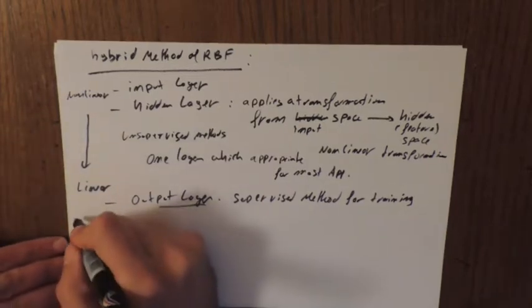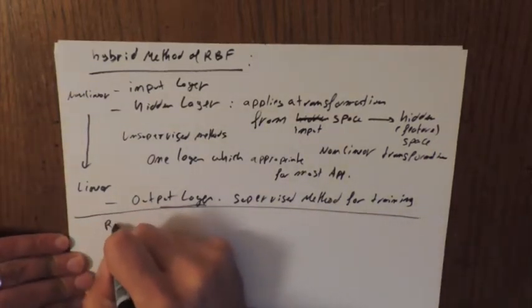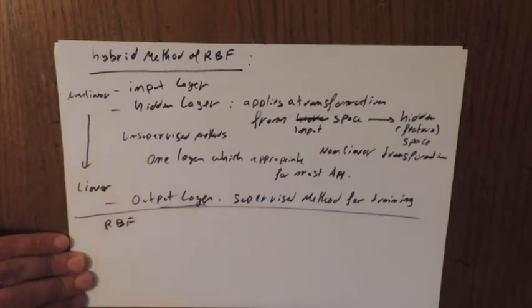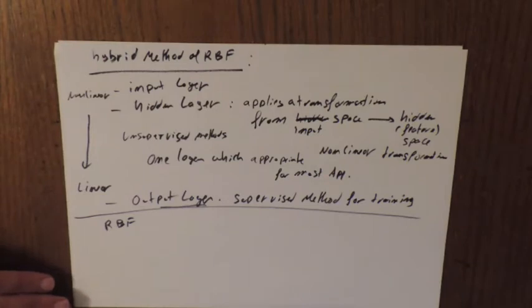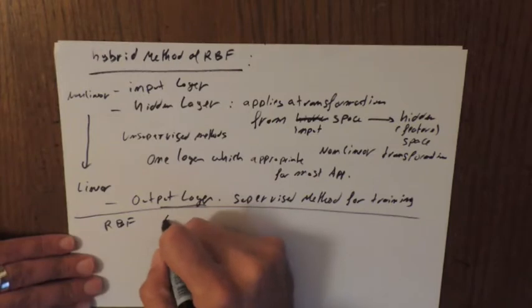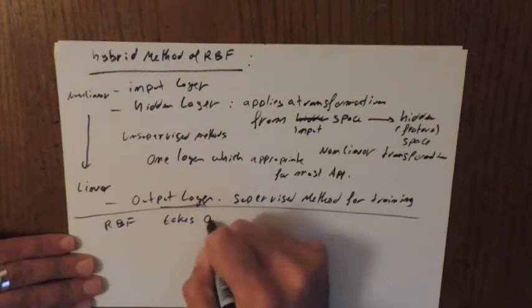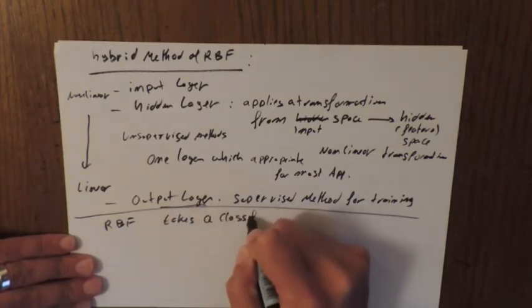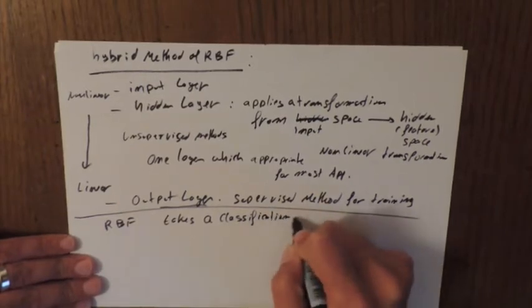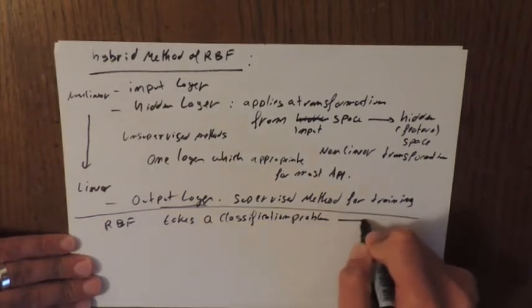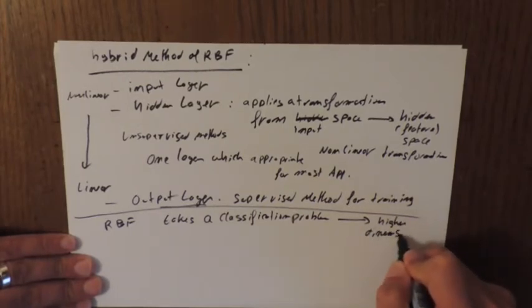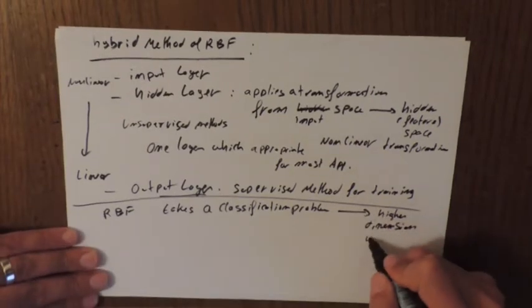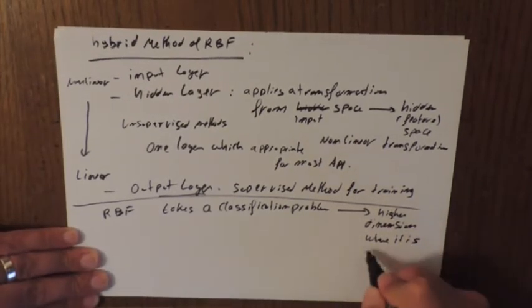So what RBF does is very simple. RBF takes a complex pattern classification problem and transforms it into a higher dimension where it is linearly separable. So it takes a classification problem, transforms it to a higher dimension where it is separable.